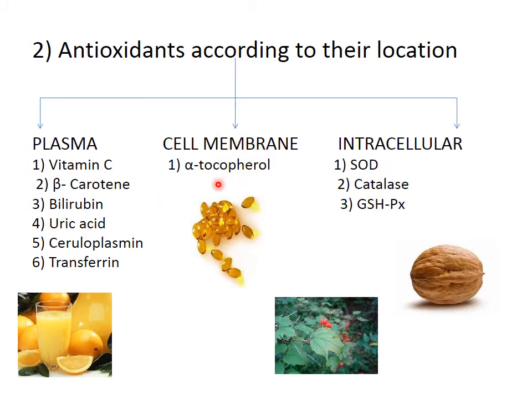In the cell membrane, where PUFA are present in the lipid membrane, the chain breaking antioxidant is alpha tocopherol, that is, vitamin E. Intracellular antioxidants, inside the cell, are SOD, superoxide dismutase, which acts on the superoxide ion; catalase, which acts on H2O2, hydrogen peroxide; and glutathione peroxidase, which also acts on H2O2.